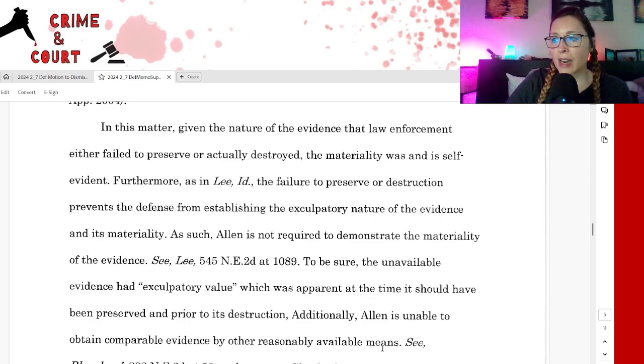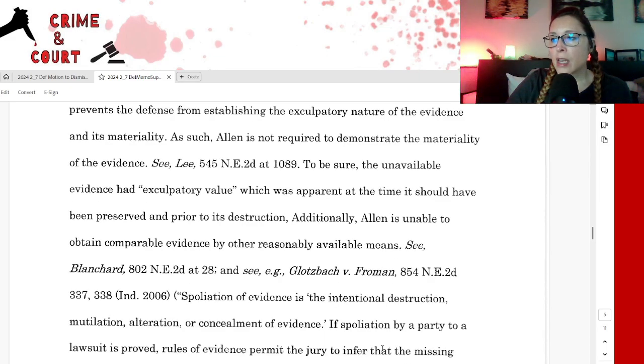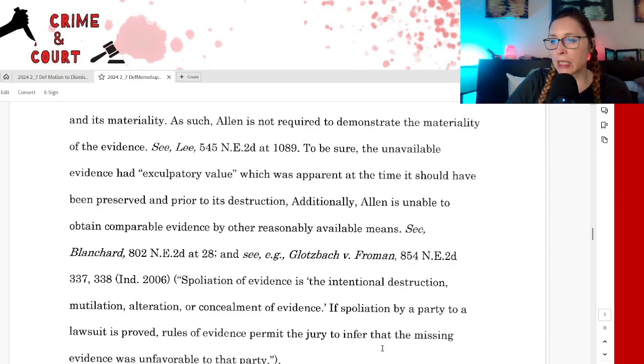As such, Allen is not required to demonstrate the materiality of the evidence. To be sure, the unavailable evidence had exculpatory value, which was apparent at the time it should have been preserved and prior to its destruction. Additionally, Allen is unable to obtain comparable evidence by other reasonably available means.